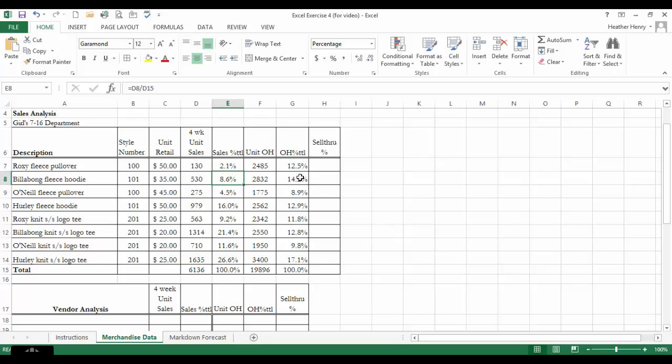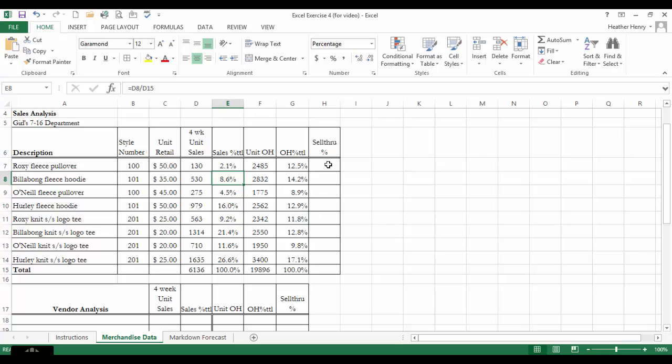So that means for the Roxy Fleece pullover and the Billabong Fleece hoodie, we have a lot more inventory than what we needed to sell the item, which is why you want your inventory in line with your sales, because we are now missing potential sales in other areas where we could have used more inventory. Unfortunately, this Roxy Fleece pullover and this Billabong Fleece hoodie are taking away from our total on-hand inventory when clearly the sales aren't being generated.